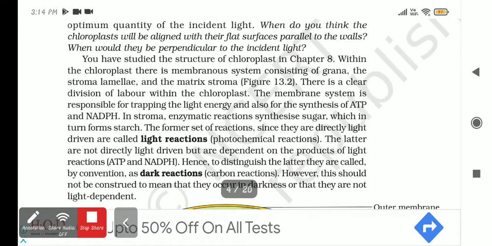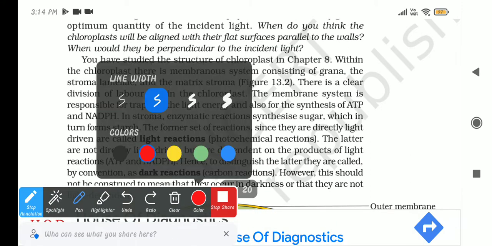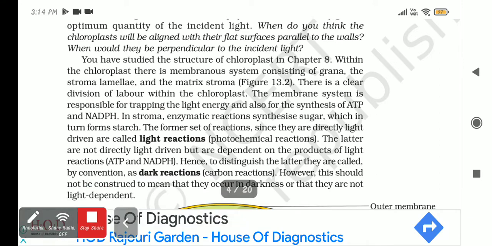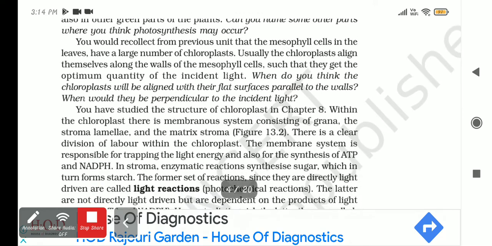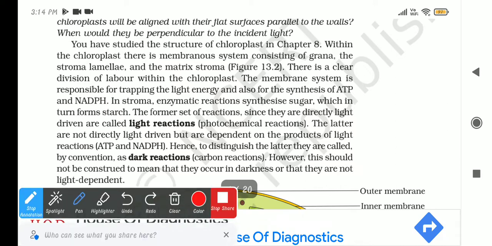Okay. Next, what is written? Now we are going to learn the structure of the chloroplast.